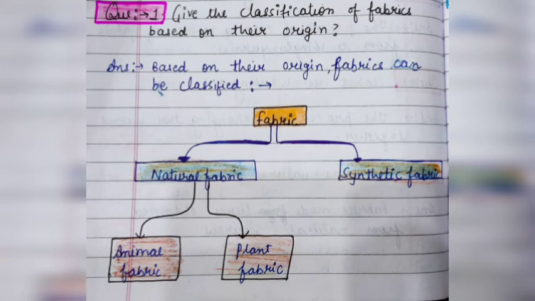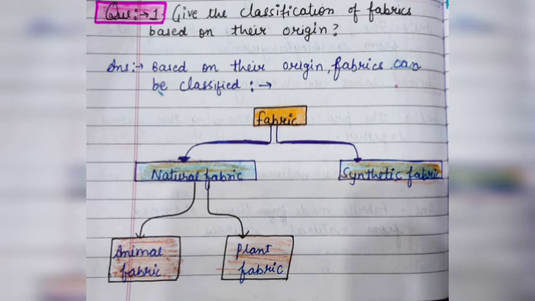Natural fabrics are made up of fibers obtained from natural sources, and synthetic fabrics are manufactured in factories using chemicals. That's why they are known as synthetic fabrics. Animal fabrics are those which are obtained from animal sources, and plant fabrics are those which are obtained from plants.